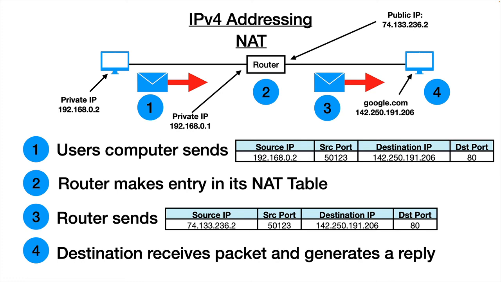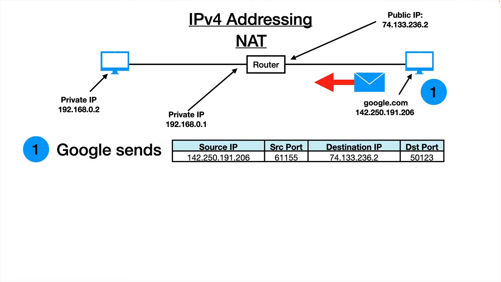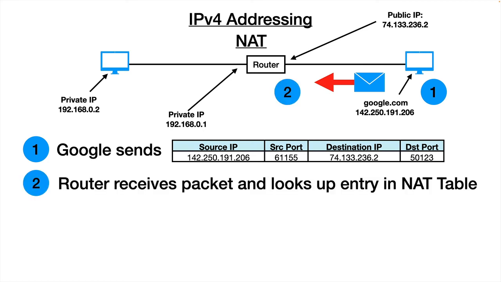So our response is going to look like this. There's our diagram. First thing that's going to happen is Google is going to send a response to the public IP of the router. The router is going to read it and look up in its NAT table, looking for the source IP of Google and the destination port, 61115.